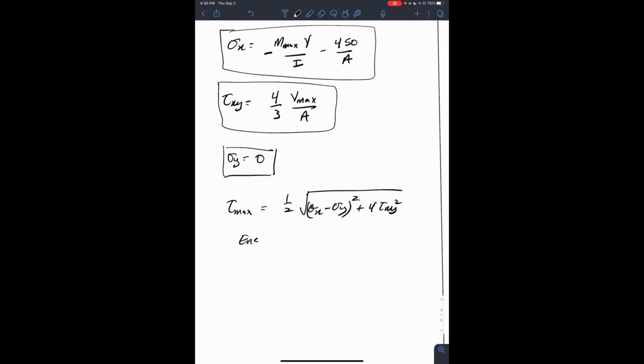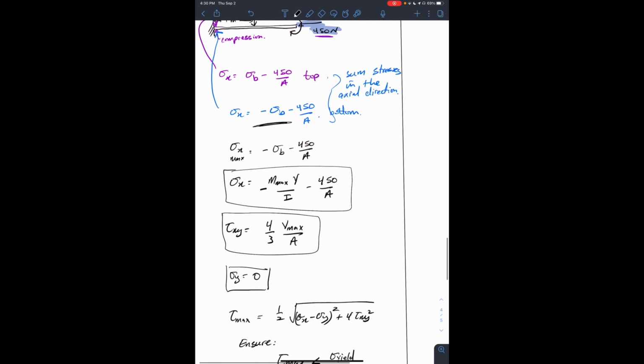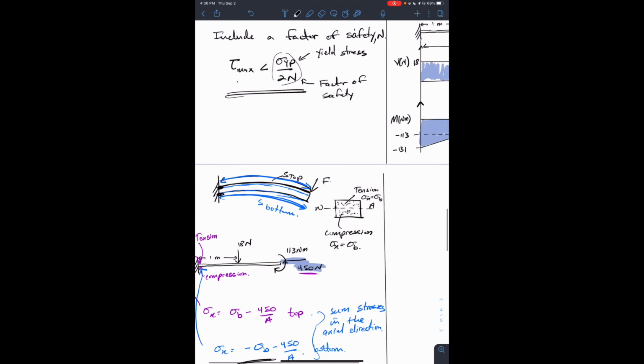And then we ensure that our tau max here is less than sigma yield on 2n. So that is how we now determine our tau max value for beam 2.